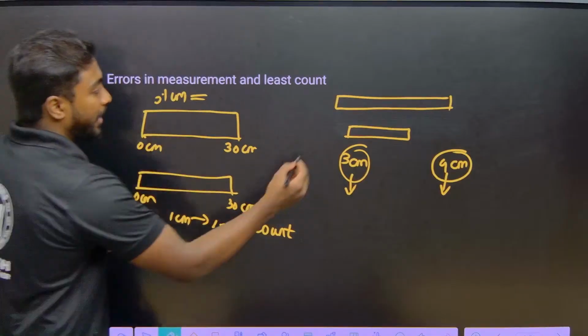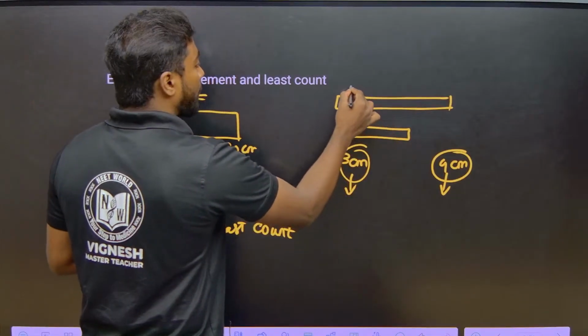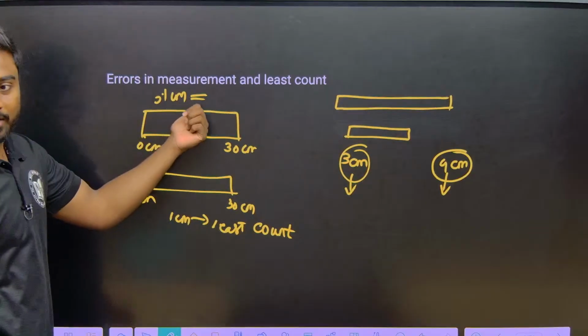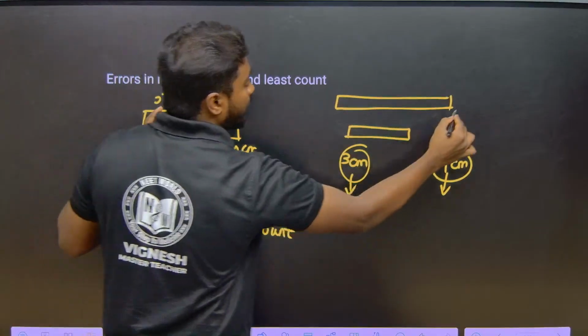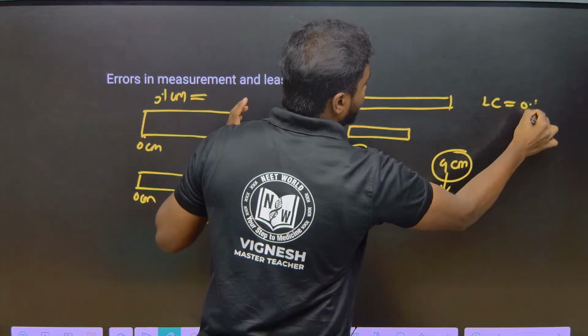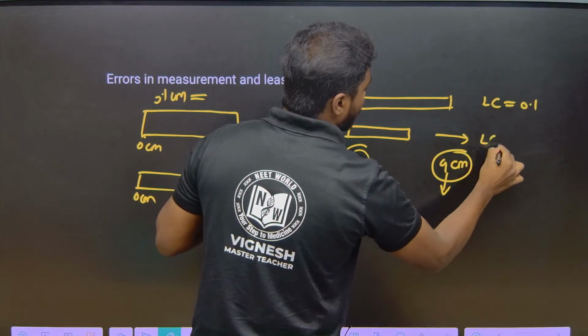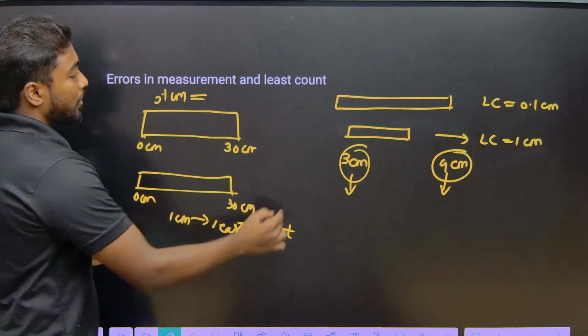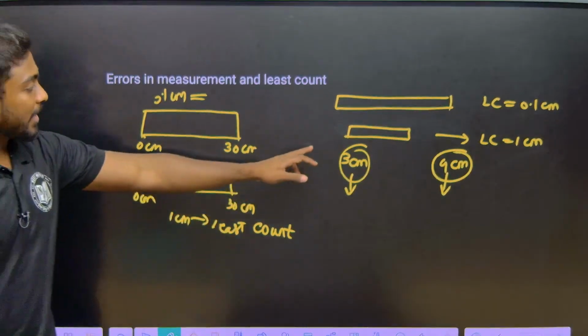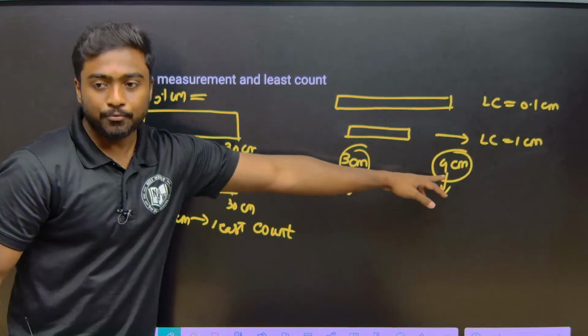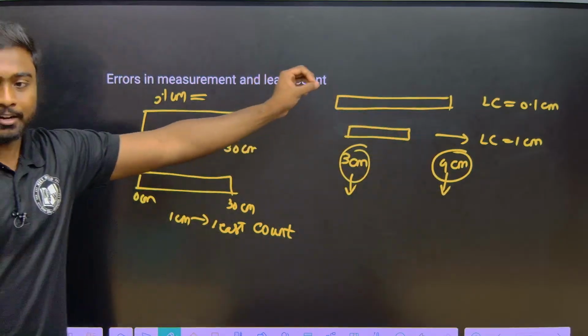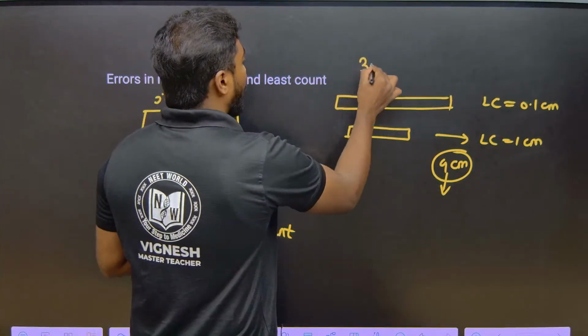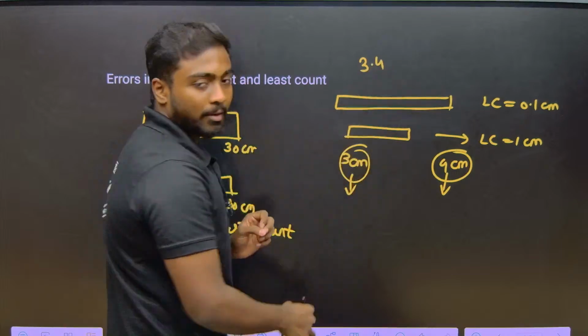Suppose the same scale has a least count of 0.1 centimeter, where the earlier one had a least count of 1 centimeter. Now the same object lies between 3 and 4, and I can measure it more exactly, somewhat like 3.4 centimeter.